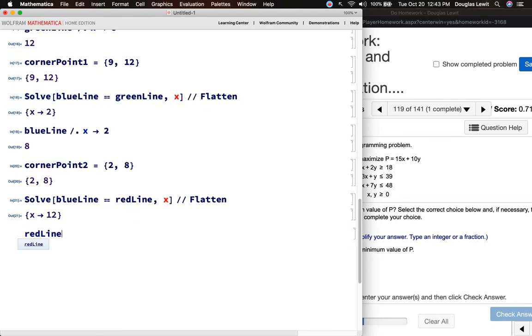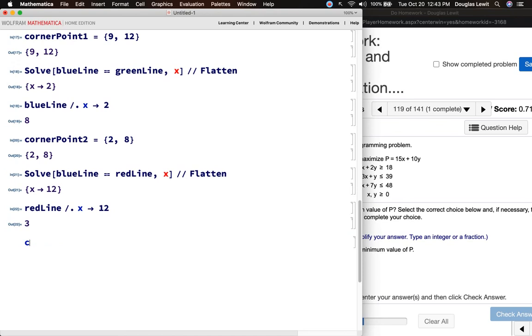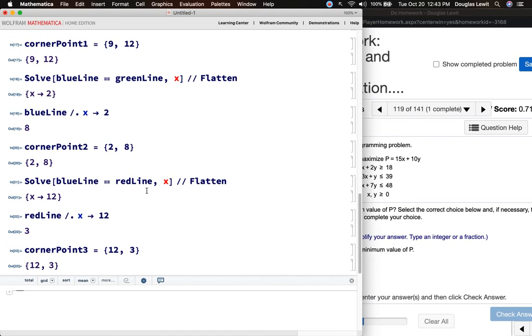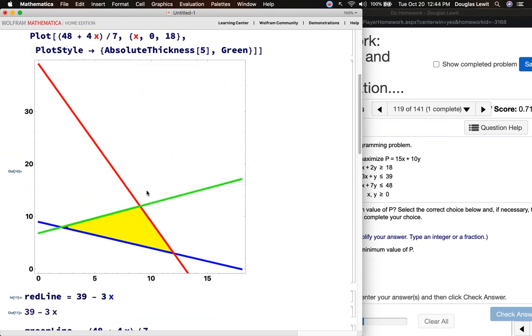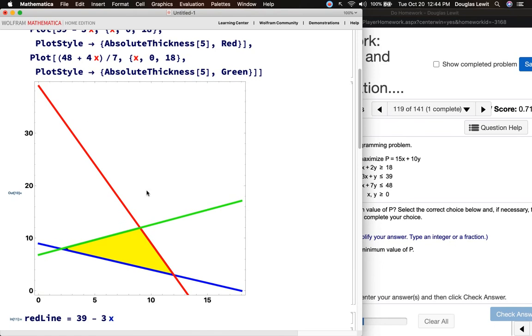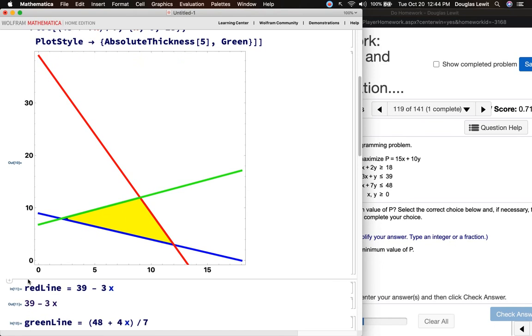So red line 12, 3. So corner point 3 is equal to 12, 3. So these are the 3 corner points.